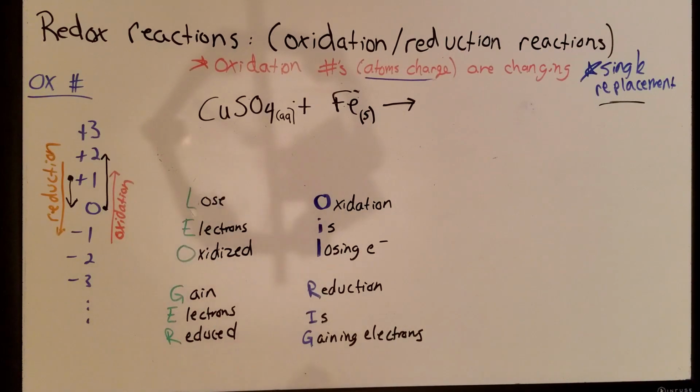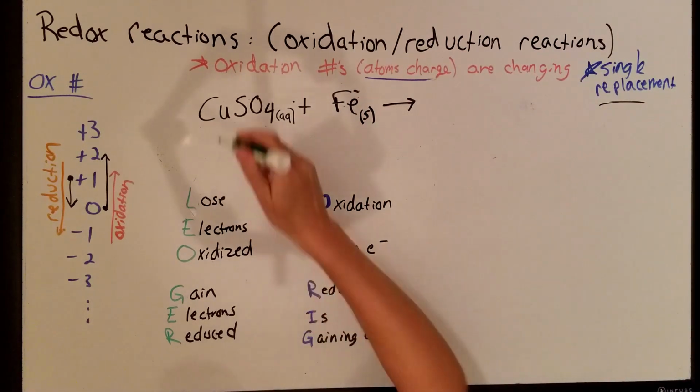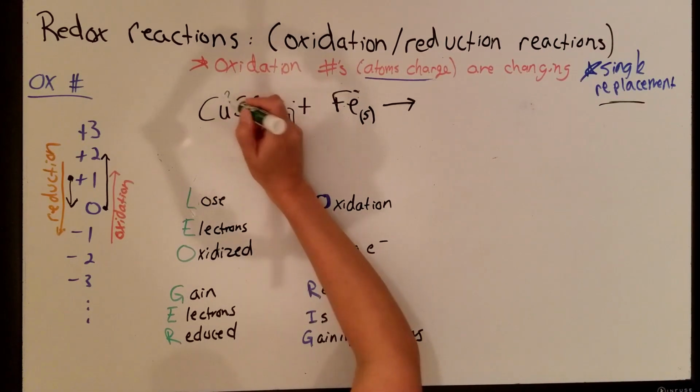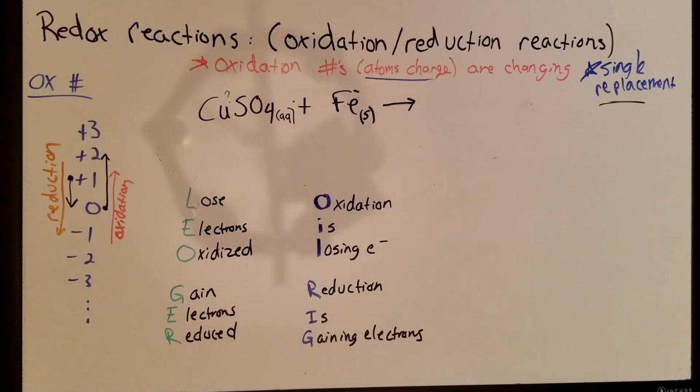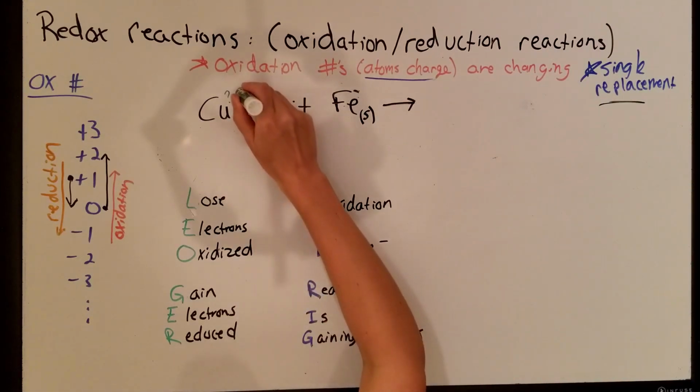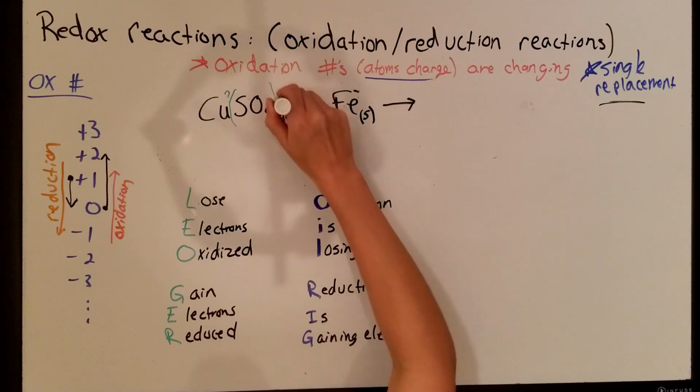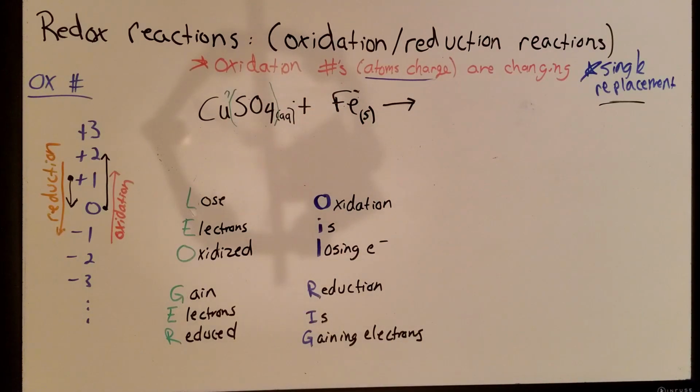So copper, what is the charge on copper? That's the question, right? I don't know, because it's a transition metal. So to figure out the charge on copper, I'm going to look at its partner, and its partner is SO4, sulfate. So what is the charge on SO4, that polyatomic?